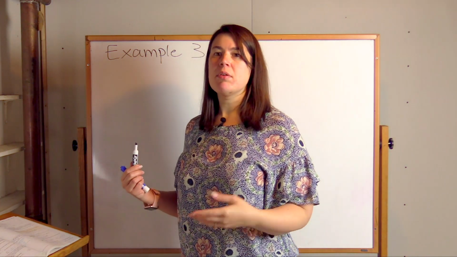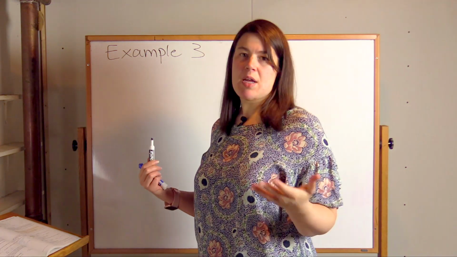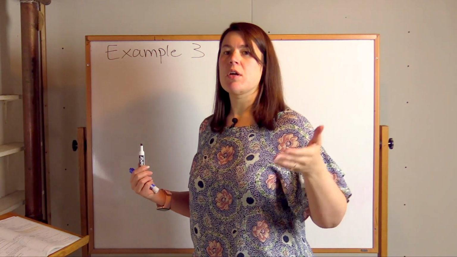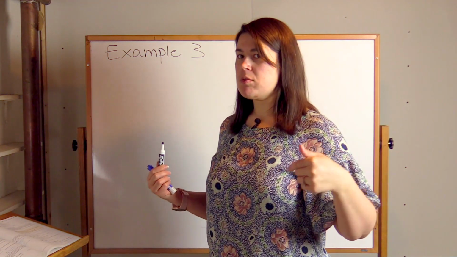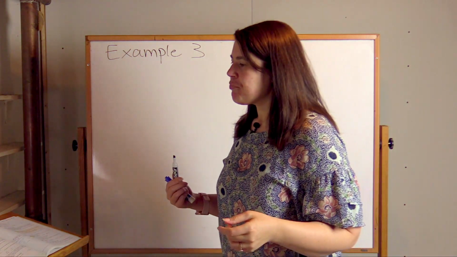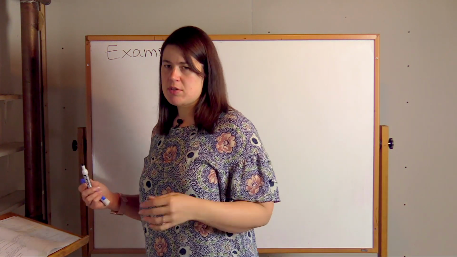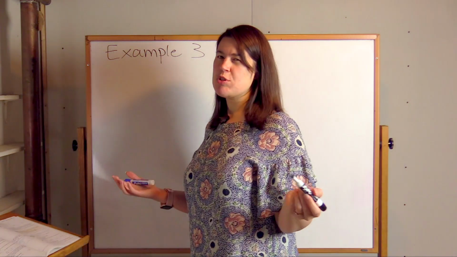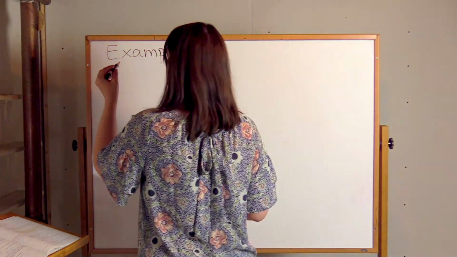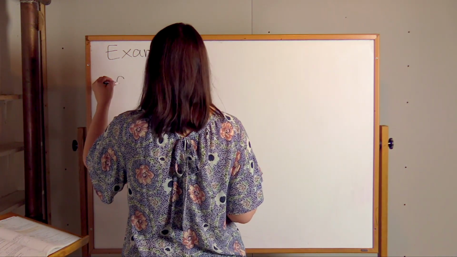It's not possible. So that's not real if you have a negative under an even root. If it's odd though, then it's okay. So it's just one of those rules you have to remember. All right, so let's look at our examples.